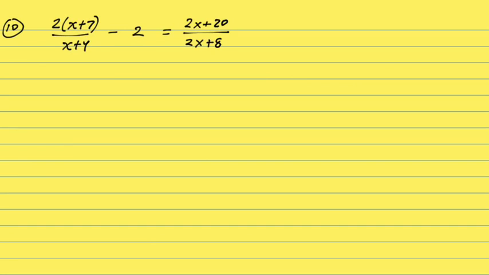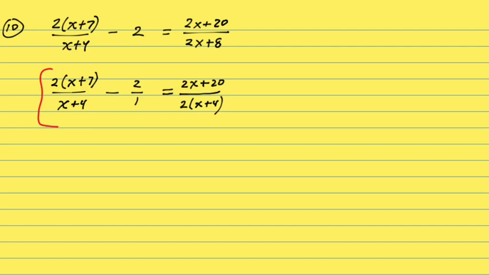Now I'm going to move to the last one here. This is what requires a common denominator to add or subtract fractions. So I have this. I'm just rewriting it. I may put the 2 over a 1, but it's the same thing. 2x plus 20, but I might factor this denominator to 2 times x plus 4.